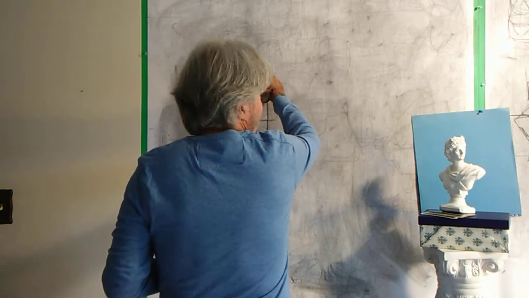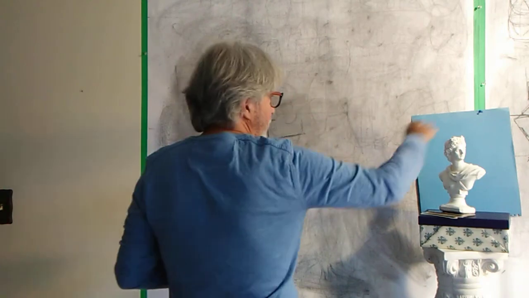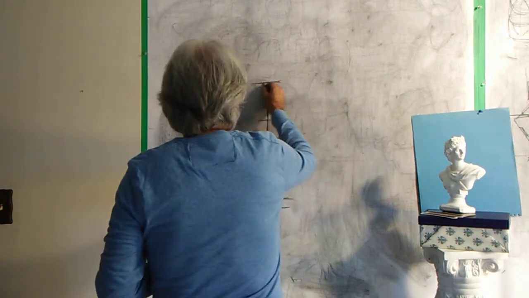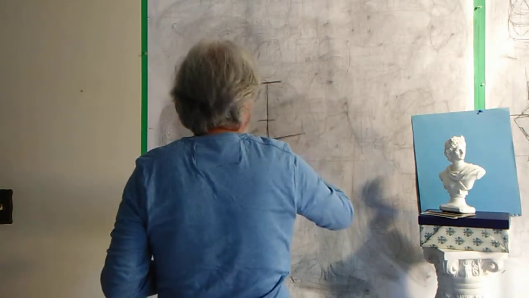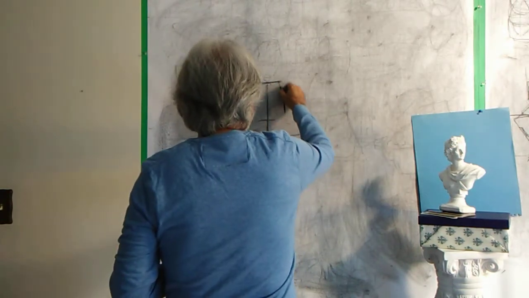So just to simplify everything, I'm going to start it off kind of square, even though it isn't. I'll put a slight angle to it because it looks like there is one. I'm going to simplify an angle to a nose like this.